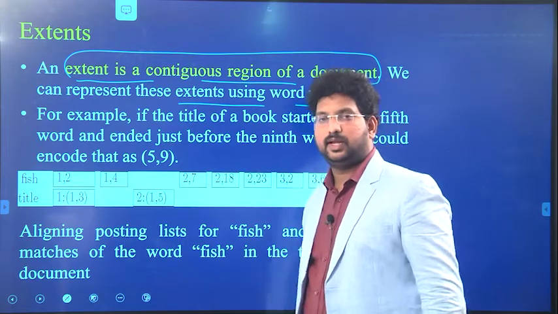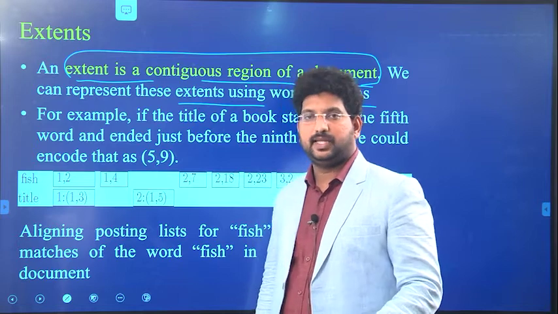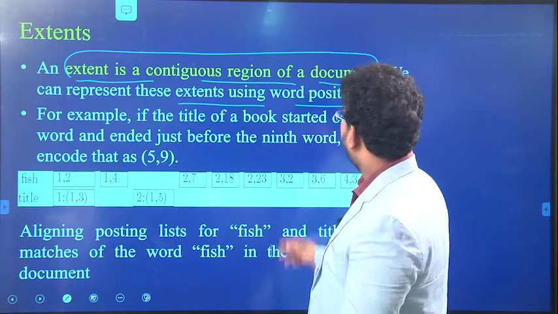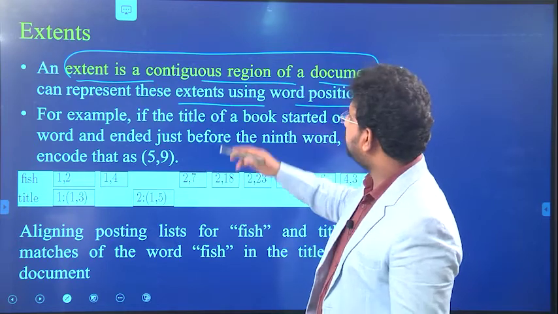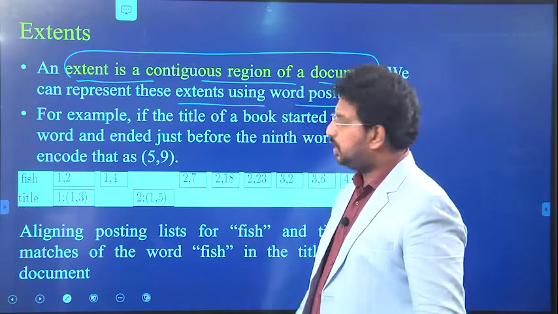As already seen, we represent inverted indexes with word positions, and we represent these extents using word positions too.